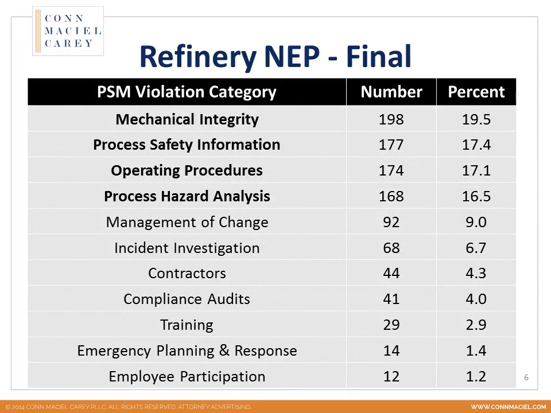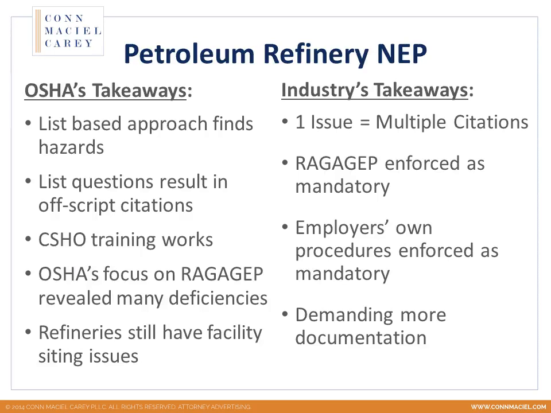That collection was cited quite often as well. After that, we saw operating procedures and process hazard analysis elements as the next highest cited categories within the PSM standard, and you can see, so on down the list, the next frequently cited sub-elements.